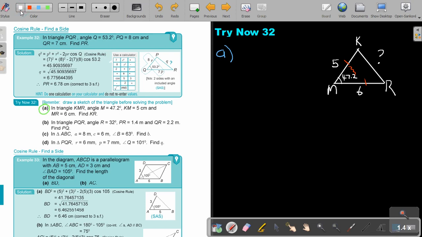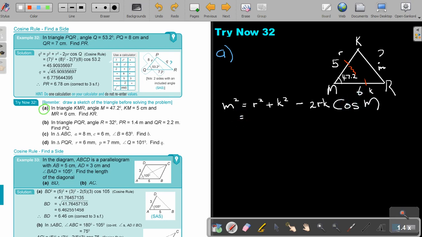If you first write down the formula, it's better to work with small letters. That's small m, that's small k, small r. So if I'm writing down the formula, I will say m squared is equal to r squared plus k squared minus 2rk cos of m.